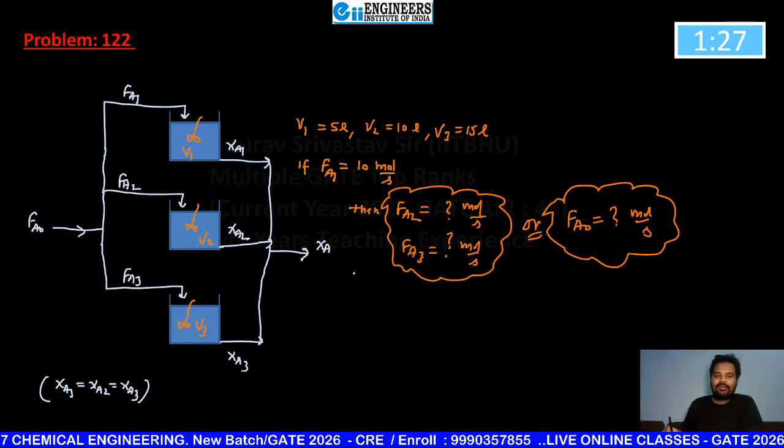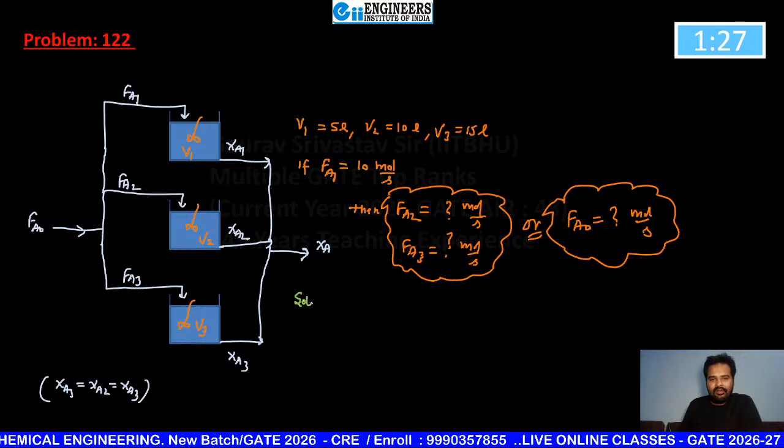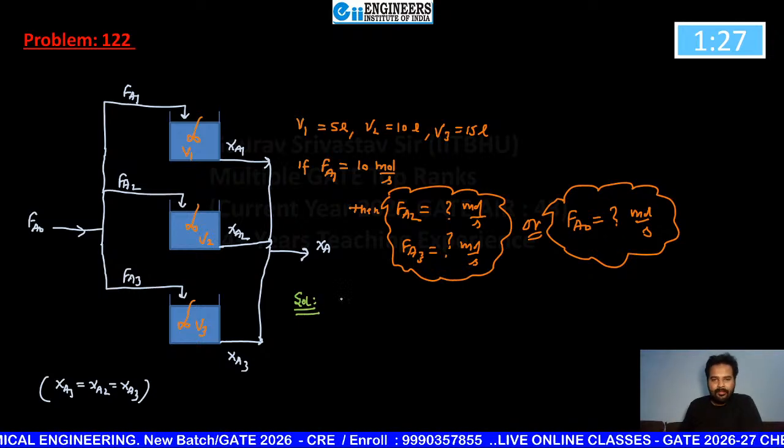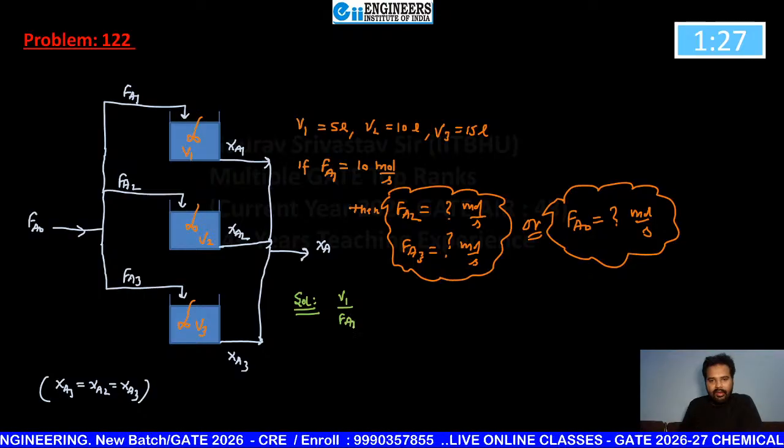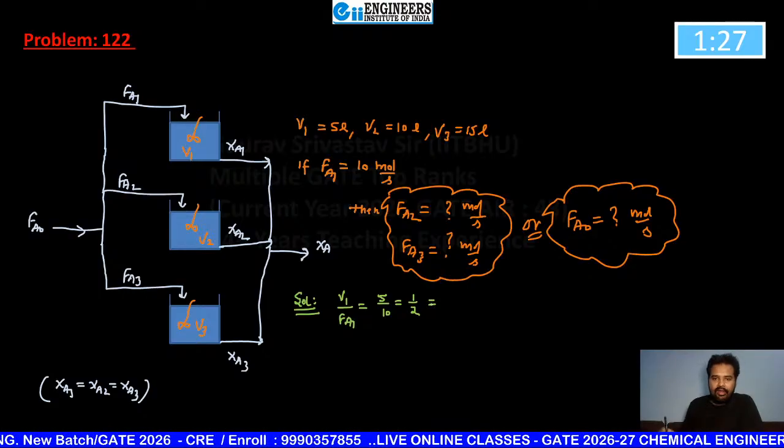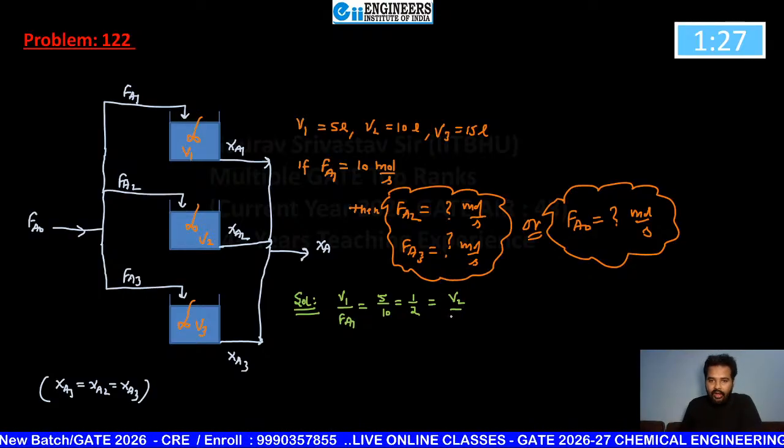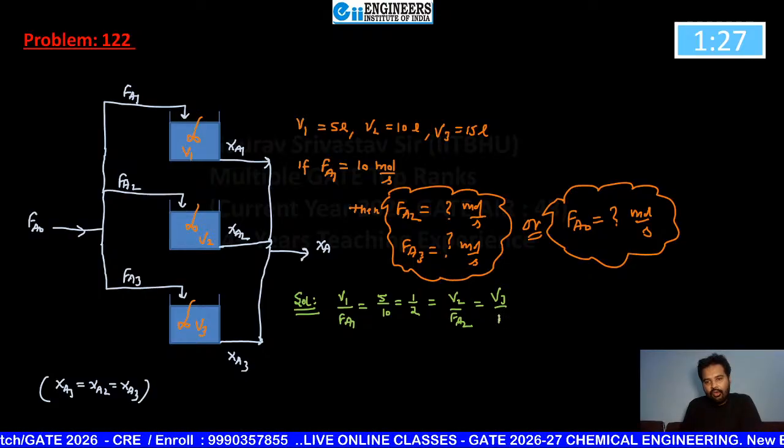Fantastic. So, my dear students, here again, in similar manner, you can solve. V1 by FA1 is 5 liter by 10, that is 1 by 2. And clearly, it must be equal to V2 by FA2, and equal to V3 by FA3. Why?